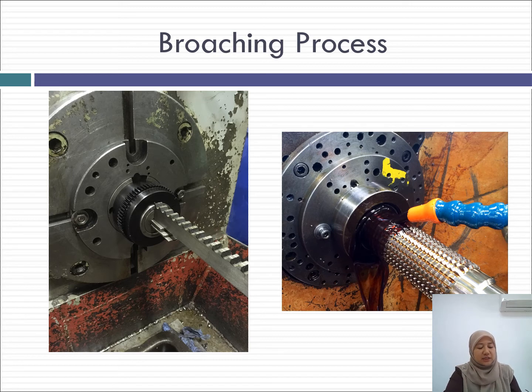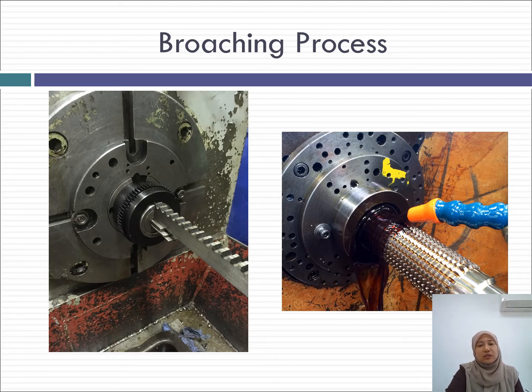However, there are exceptions to this pull action. One exception is a relatively simple type called the broaching press. In the broaching press, rather than a pulling action, we are actually pushing or pressing the broach. Normally for internal broaching, it pushes the tool through the workpiece. Another exception is a continuous broaching machine, in which the work parts are fixtured to an endless belt loop and move past a stationary broach.